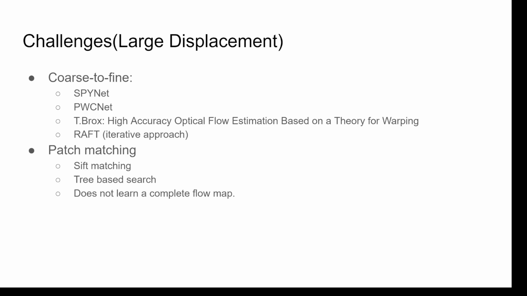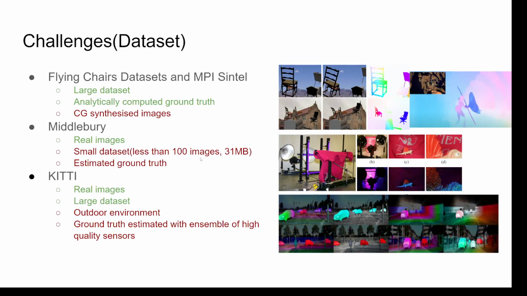And also there is patch matching method. As we discussed earlier, it is robust to large displacement. However, does not compute in the entire flow. And another challenge is the dataset. The problem I see with the dataset is that it's hard to obtain the ground truth and it's not perfectly labeled.